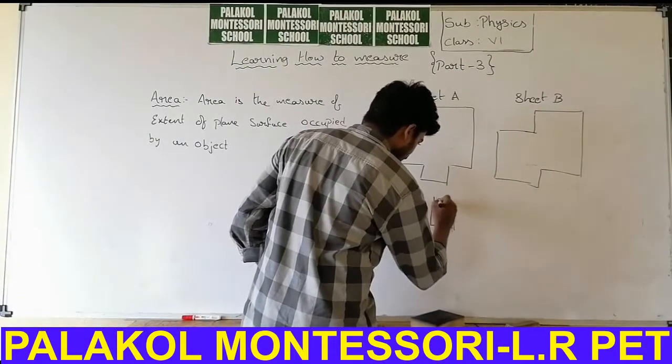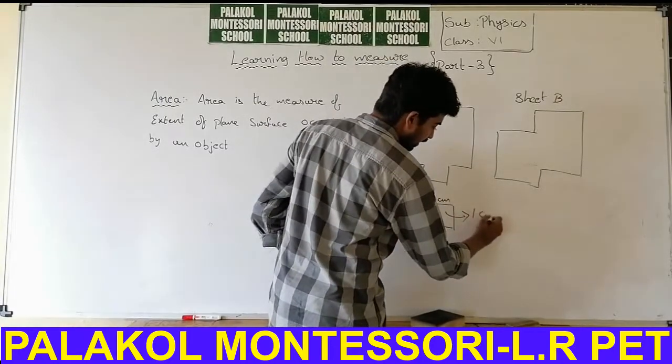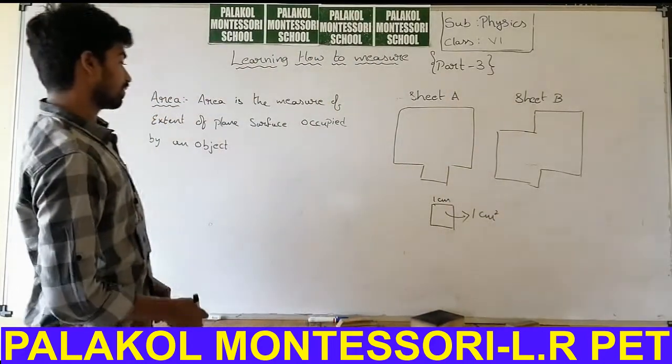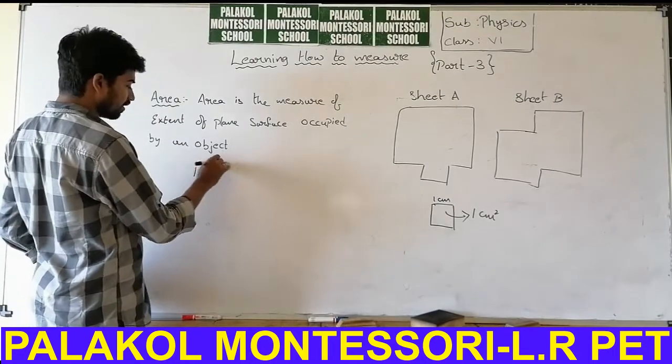If you construct a square with 1 centimeter of length, then its area is 1 centimeter square. What does this power indicate?